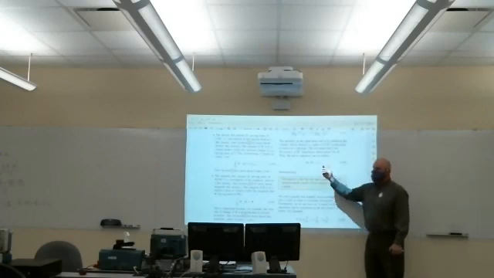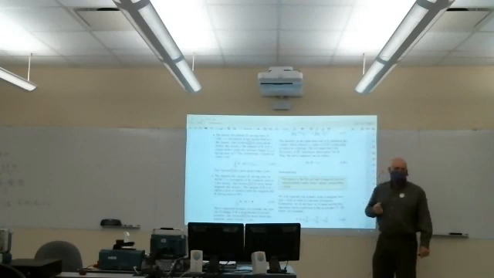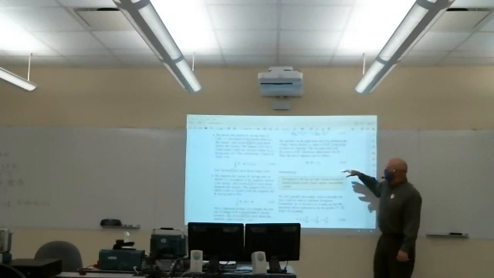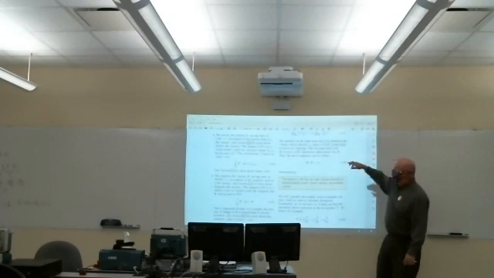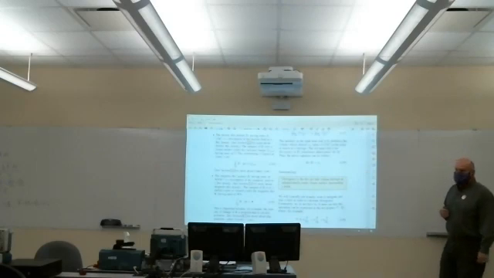The divergence of the D field actually gives you the charge density. Rho v is the charge density in coulombs per meter cubed, and then the divergence of D is equal to that charge.